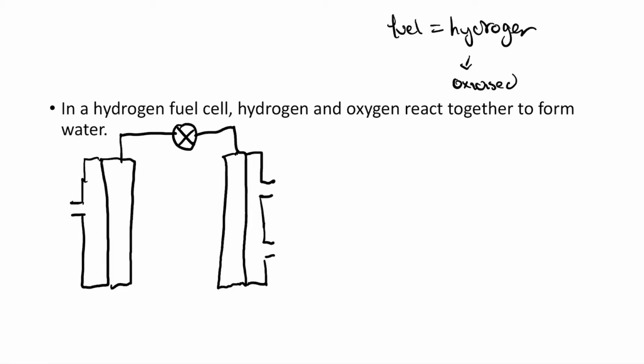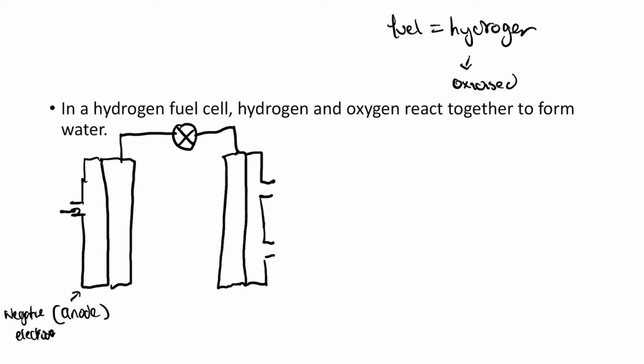So hydrogen is fed into the negative electrode. Now the negative electrode is the anode. Okay, so the negative electrode, or the anode, which is here.